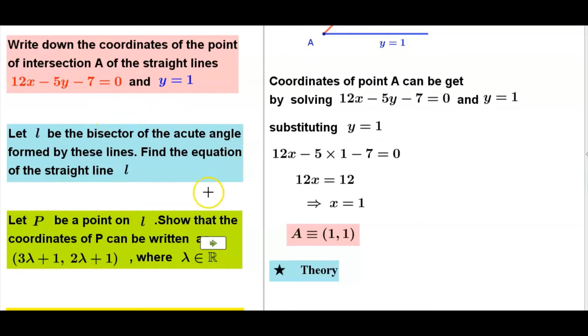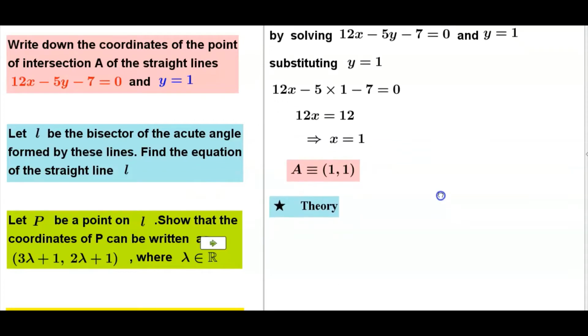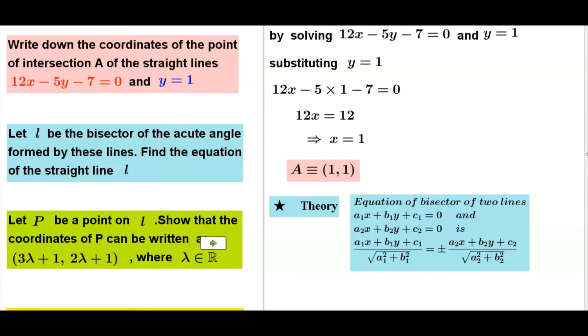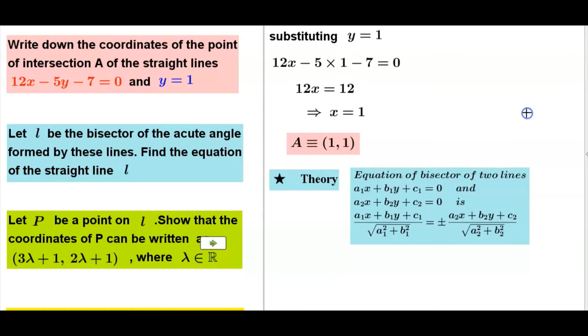The next part: L is the bisector of the acute angle formed by these lines. Therefore, we revise the angle bisector theory. Two lines are given, a1x plus b1y plus c1 equals 0 and a2x plus b2y plus c2 equals 0.